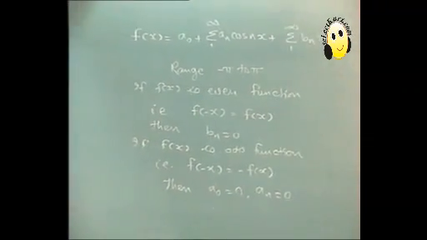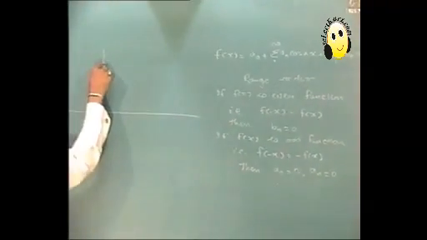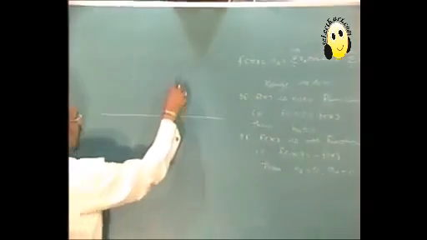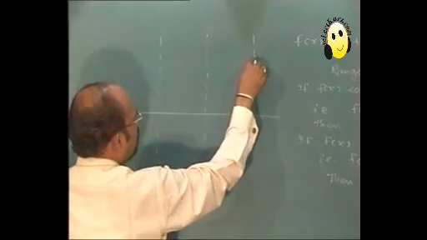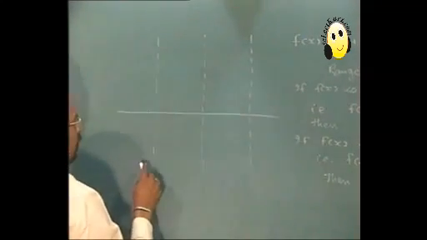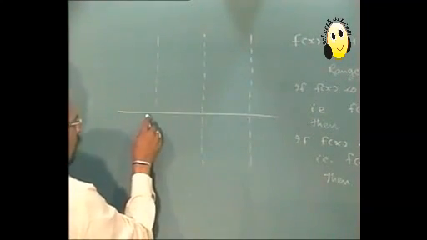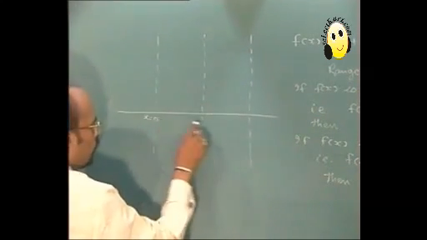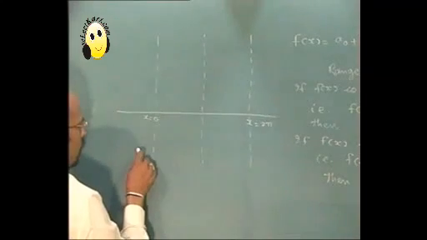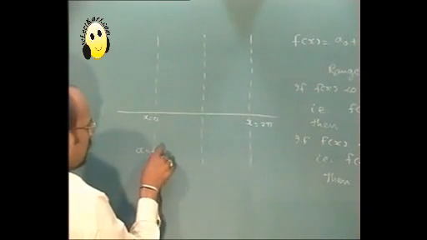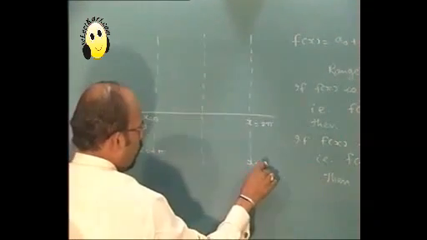Suppose we have got the function defined in this interval, and that interval could be from x equal to 0 to x equal to 2 pi, or it could be from x equal to minus pi to x equal to pi.